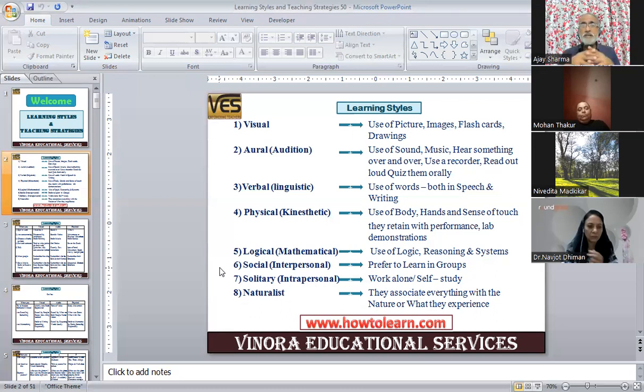That is interpersonal or social. And this type of learning style gives you an indication as to what type of group activity you can have for a particular delivery of a lesson, for more impact on different types of learners in your classroom.